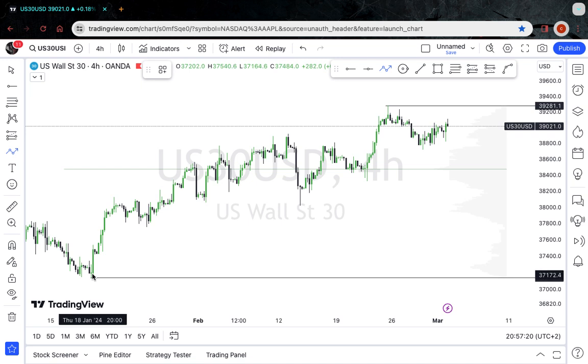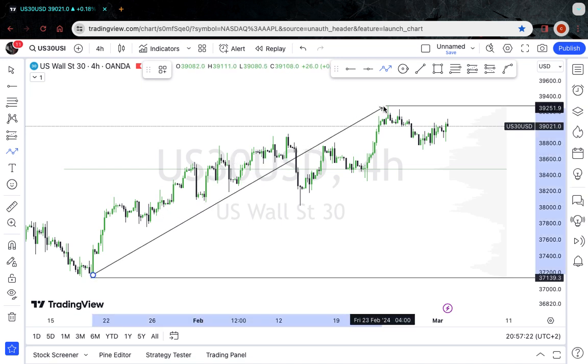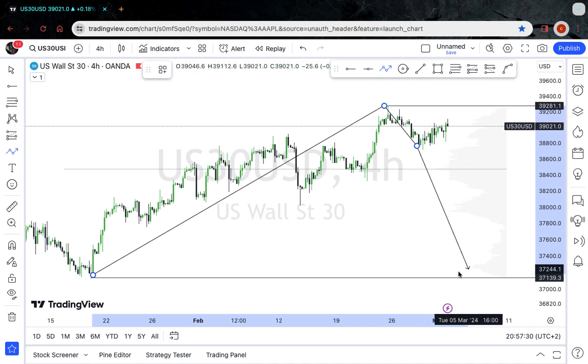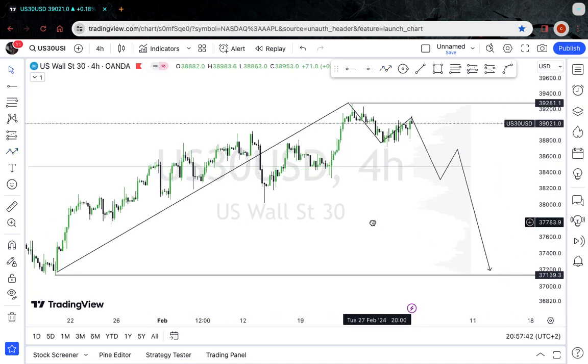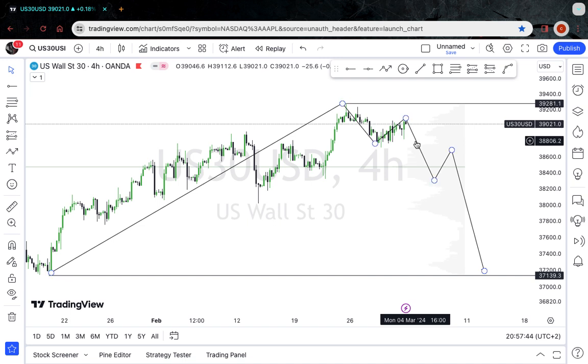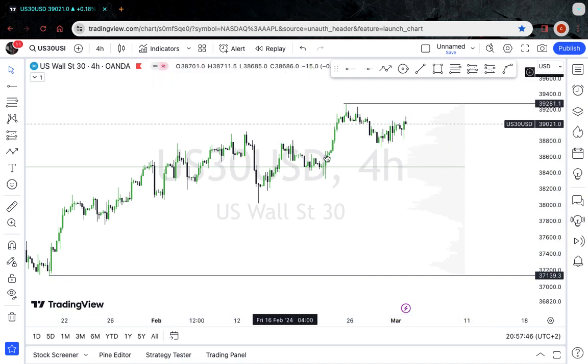And you can definitely see the market, ever since it created that high, is now moving inside the overall high and the overall low. So meaning we are expecting something like this, and then maybe a push, or the market comes back to this low. So let us continue with the analysis.